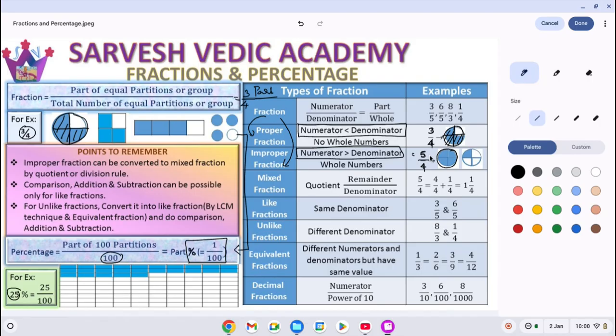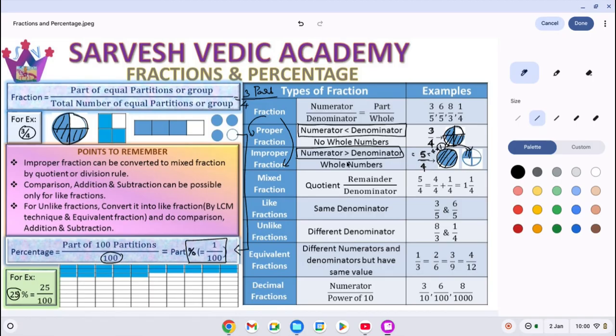So instead of shading, this 5 can be split into 4 plus 1. So out of 4 equal parts, all the 4 equal parts are shaded, and the remaining one part we can shade in a different figure. Out of this 4 equal parts we are shading one part.